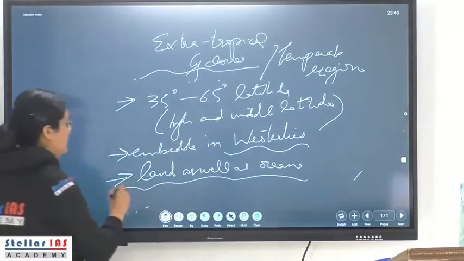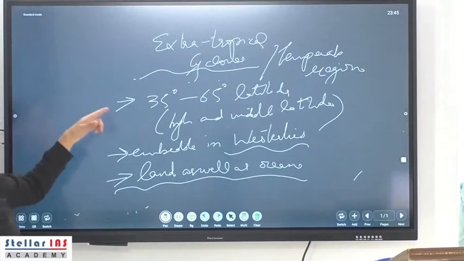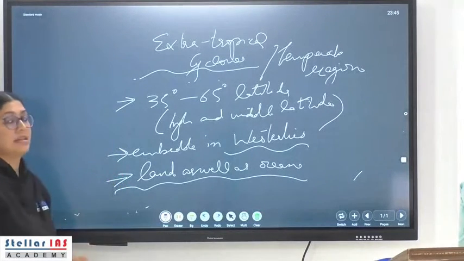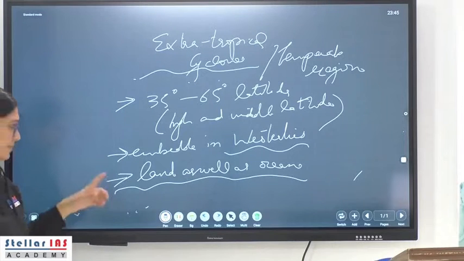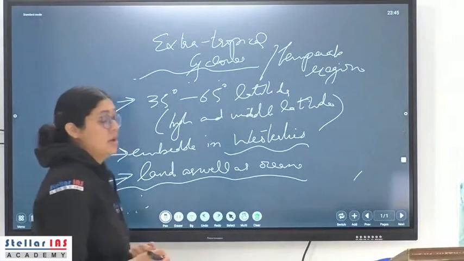We had done in the tropical cyclones that they dissipate as soon as they reach the land, right? Whereas extratropical cyclones, they exist on land as well as oceans.